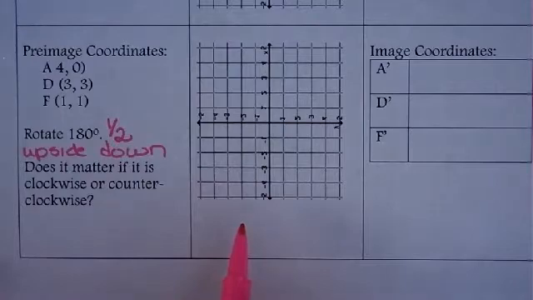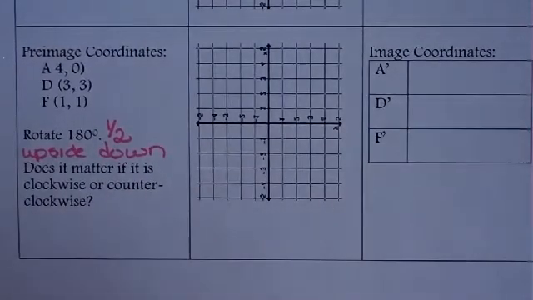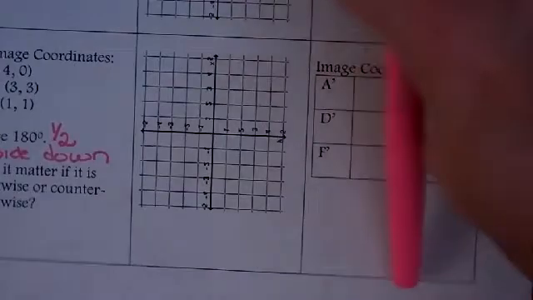It doesn't matter. Now I want you to think about this, upside down. If I go a half a circle to the left, I'm upside down. It's going to be exactly the same thing, put it back, as if I went half of a circle the other way. Doesn't matter, it's still half of a circle. You're going to end up in the same spot.